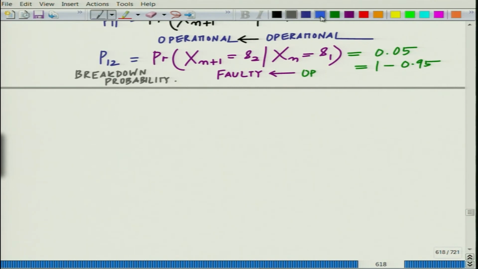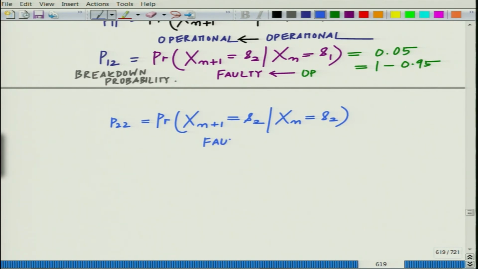Now, let us look at probability Xn plus 1 equals S2 given Xn equals S2, that is P22, that is it goes from faulty.